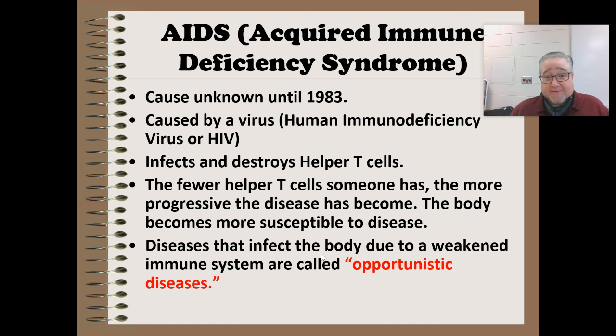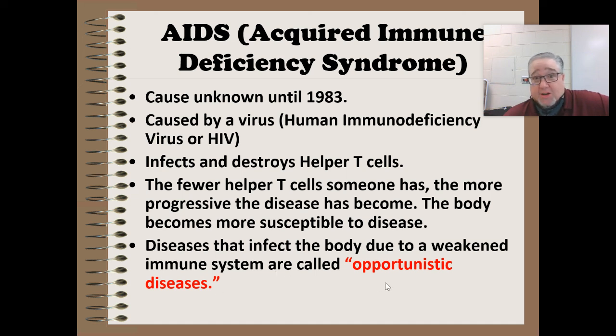So it's diseases that infect the body due to a weakened immune system. In fact, a lot of people that get HIV end up dying of pneumonia because their body can't recognize it, their body can't fight it off because their helper T cells are gone. So pneumonia is an opportunistic disease that infects people with HIV much more so than other people.